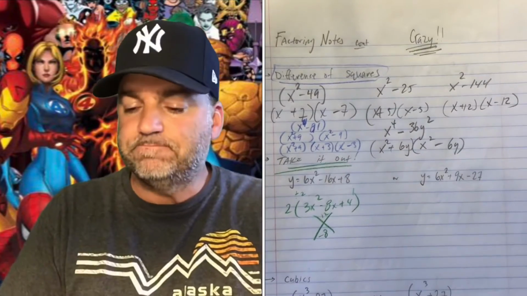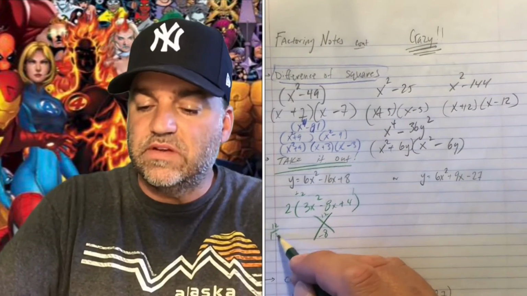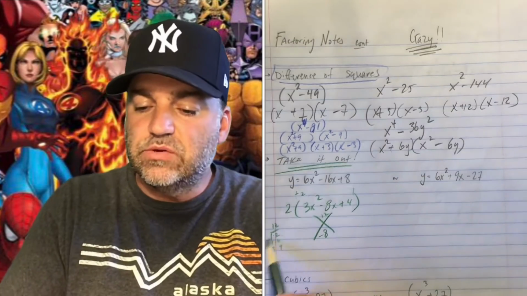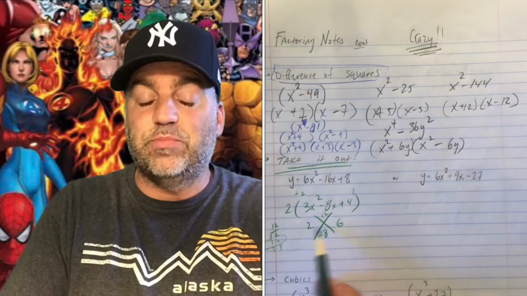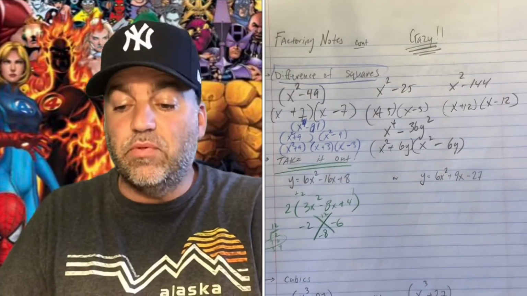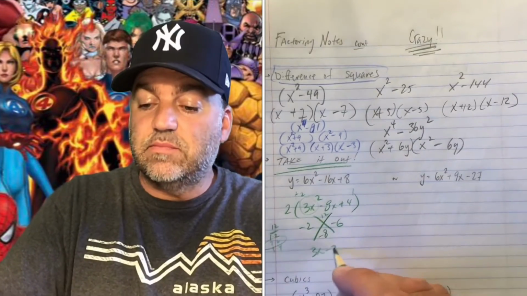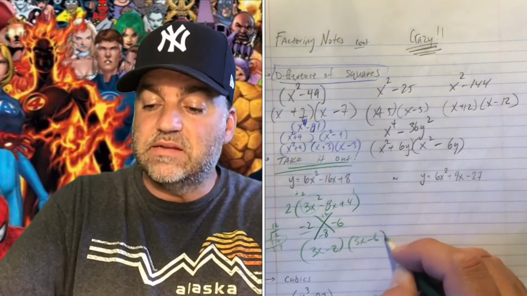Factored, 12 is 1 times 12, 2 times 6, and 3 times 4. So 2 and 6 work, but that adds to positive 8, not negative 8, so I have to make them both negative. And I take my 3x minus 2 and my 3x minus 6.